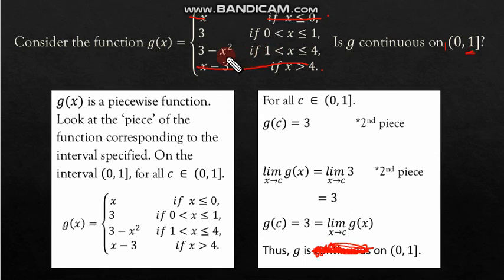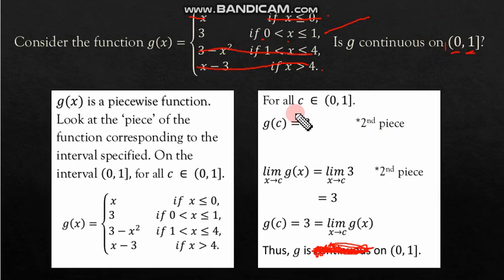So it means x is greater than 1, so it's not included, leaving the second piece, which includes 0 less than x, up to 1, so x equal to 1.